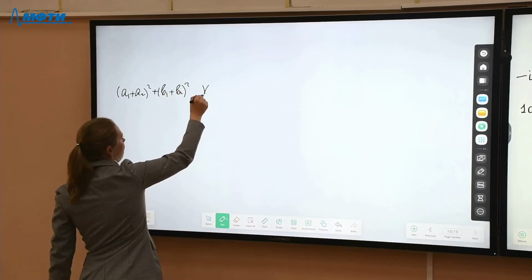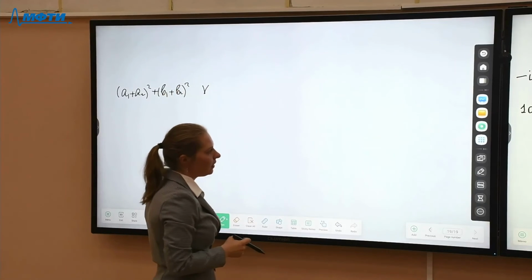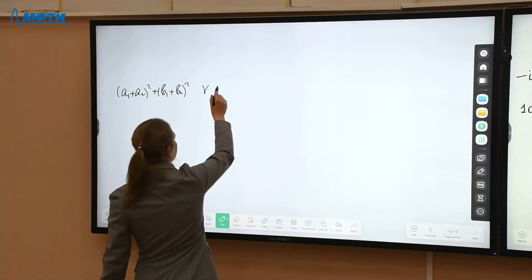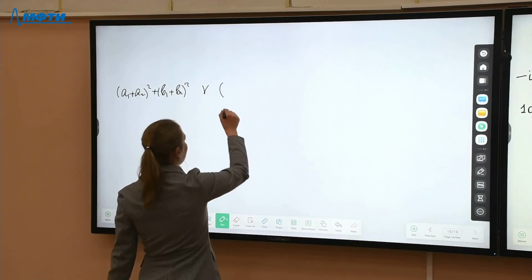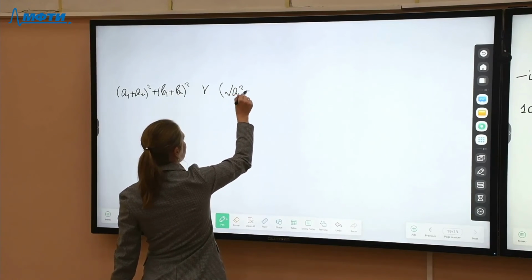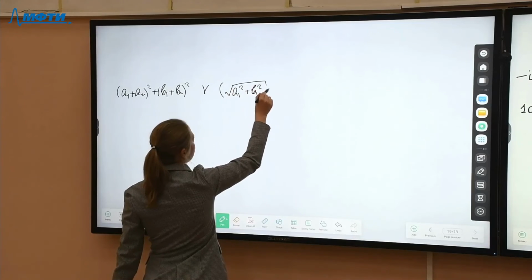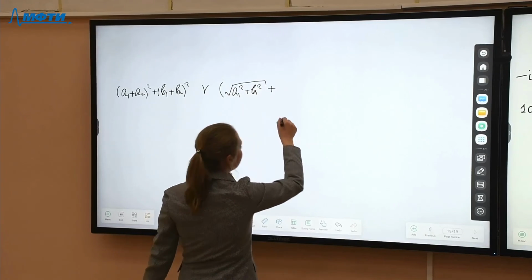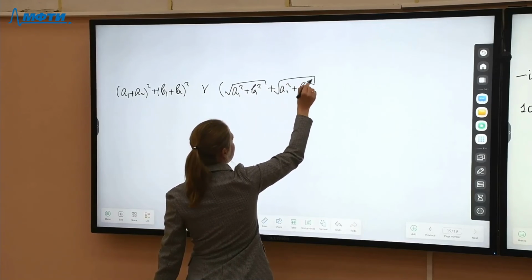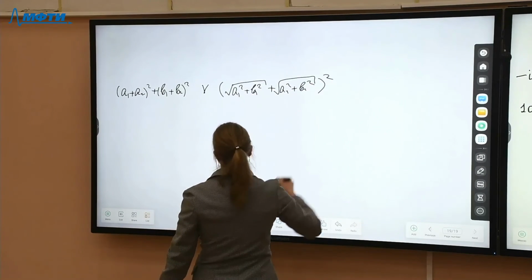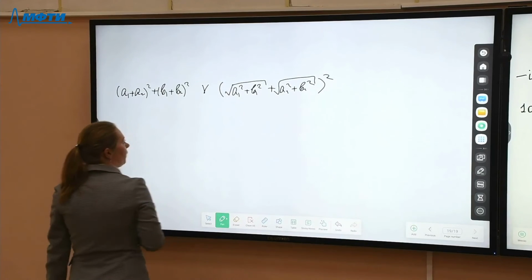Again, we need to show that this is less or equal than the square root of a1 squared plus b1 squared plus the square root of a2 squared plus b2 squared, all squared. Now let's open the brackets.